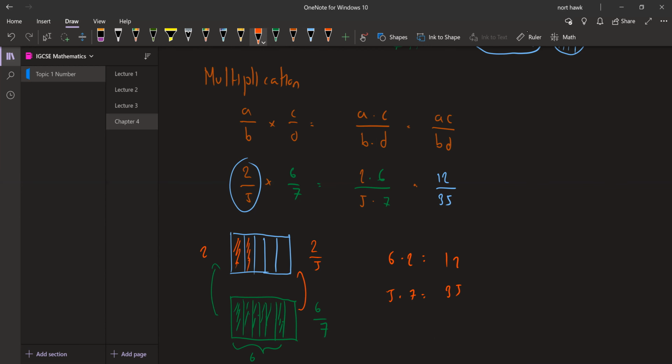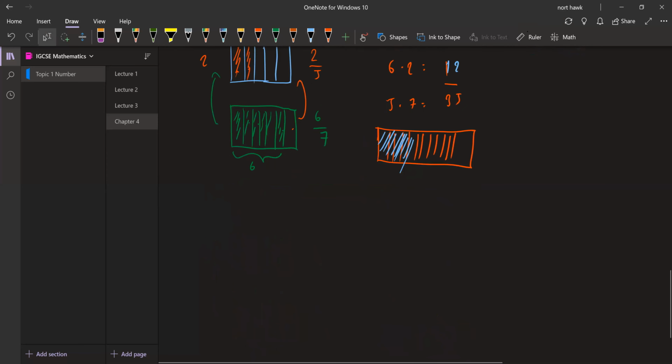Basically the spaces of the boxes. You would have boxes of 35 spaces, of which 12 will be taken. That is essentially the logic.